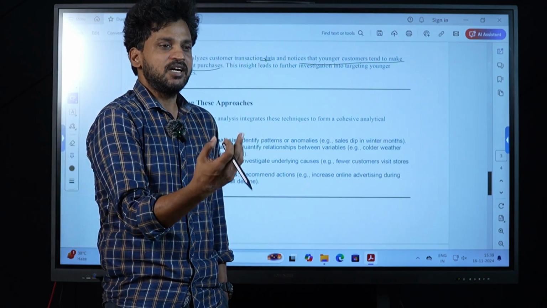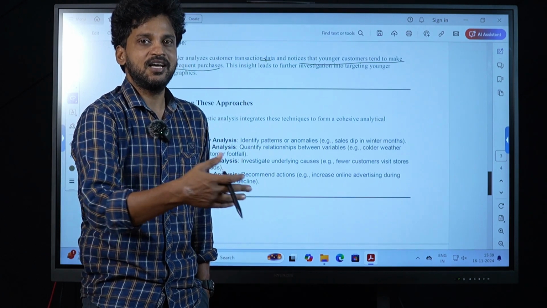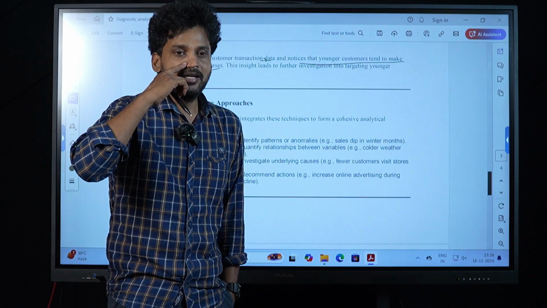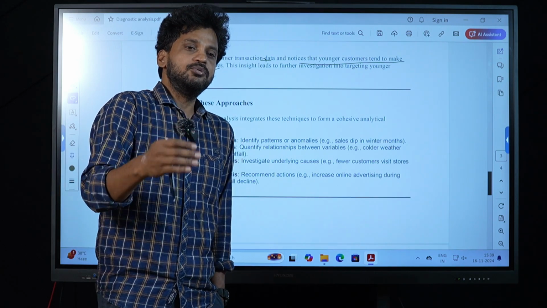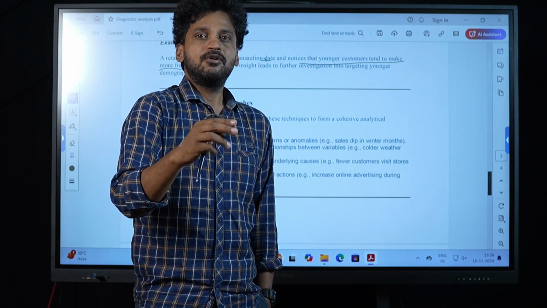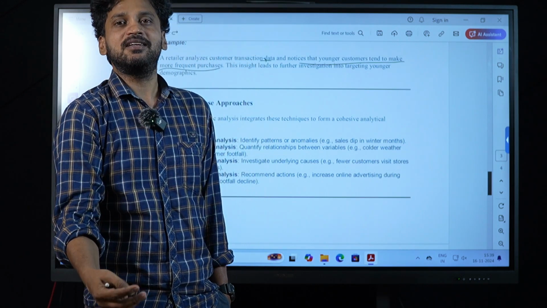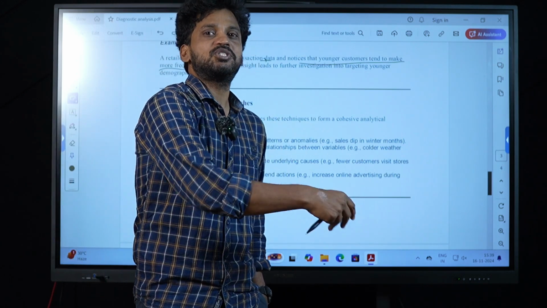Now the thing is, whenever anyone opens the Flipkart app, they are going to get recommendations based on their likes and dislikes, right? Now, if you recommend a specific mobile phone to a specific segment of people who are not interested in buying that, there won't be any impact on your sales, right?